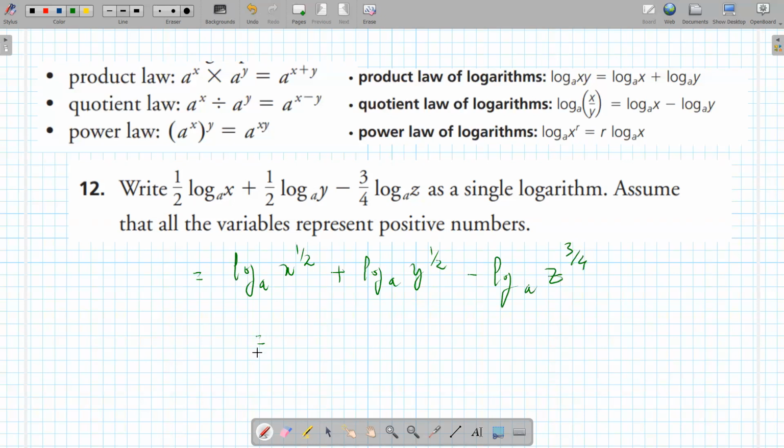Now what? Now you multiply and divide. So this becomes log of a x to the 1/2 y to the 1/2 divided by z to the 3/4. And we've answered the question because we just had to have one big log.